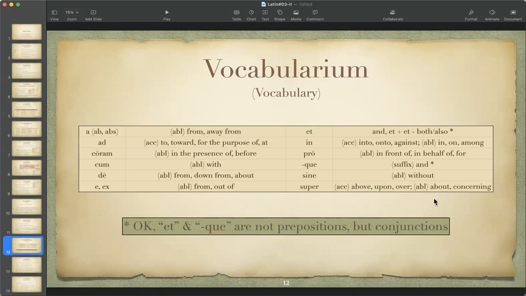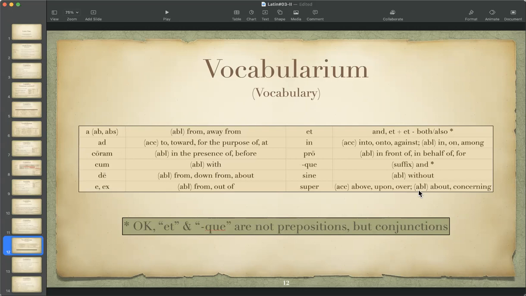It can also mean about and concerning if it takes the ablative. So if you were going to write about life, you might say super vita. It's not that you're above life, but rather you are about life or concerning life.